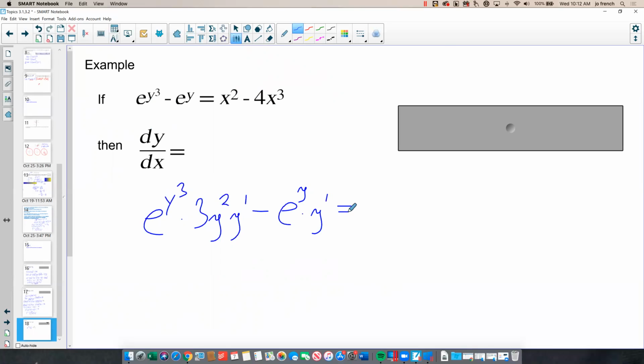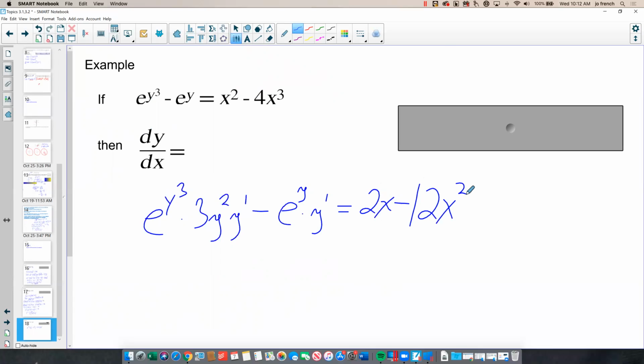And that's going to equal the derivative of the right-hand side. Derivative of x squared is 2x minus the derivative of 4x cubed, which is going to be 12x squared by the power rule. Okay, so my y prime terms are already grouped on the left-hand side.